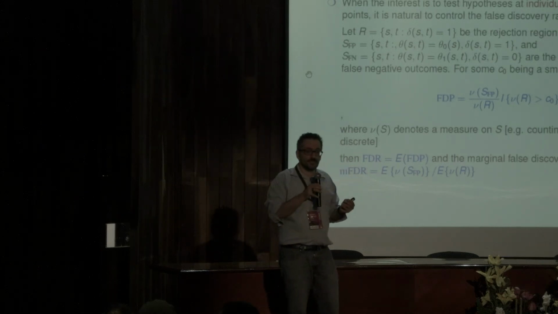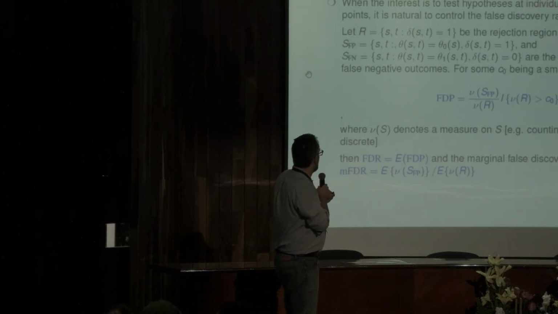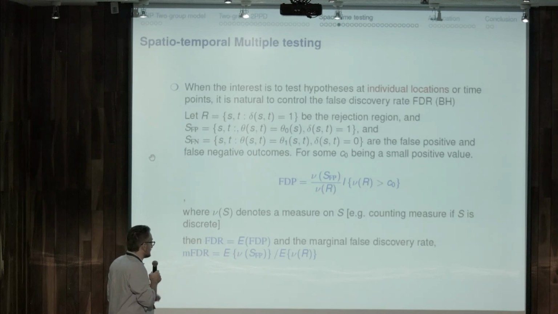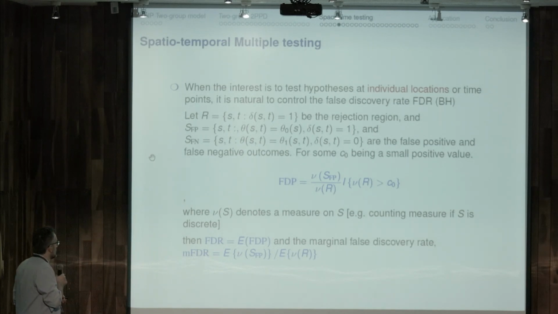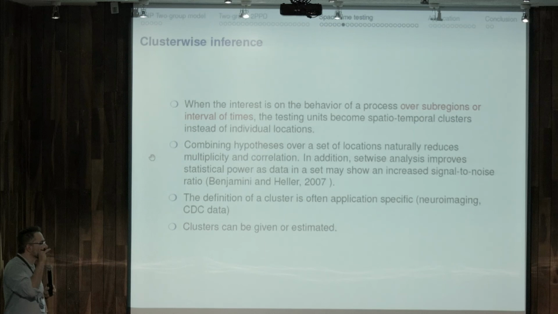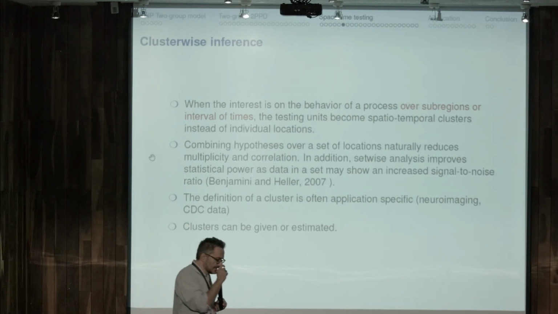And you can define false discovery rate basically based on the number of false positive and false negative outcomes in a region and over time. And of course, this can be done in different ways, but there is also a notion of cluster-wise inference in this type of problems.